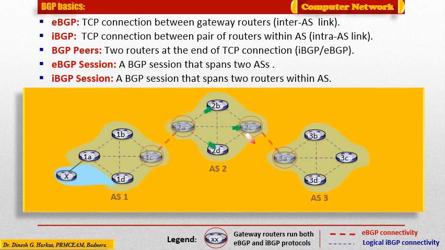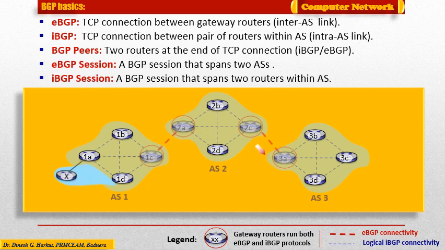Thus, all the routers in AS2 learn about the AS1 prefix, including the gateway router 2C. This 2A gateway router will flood the information to all the routers within AS2.